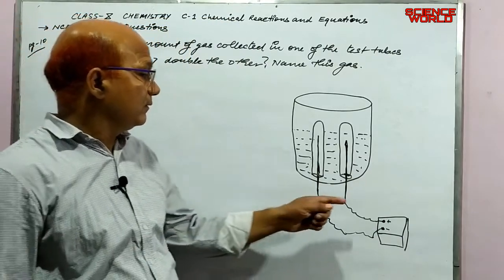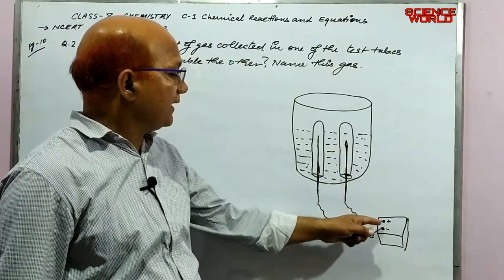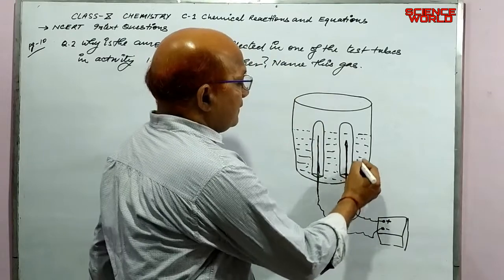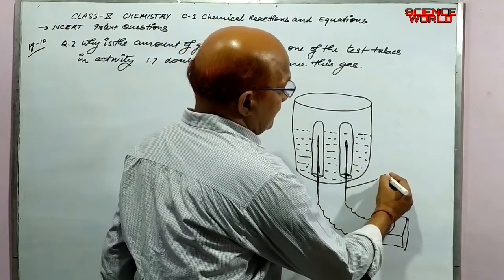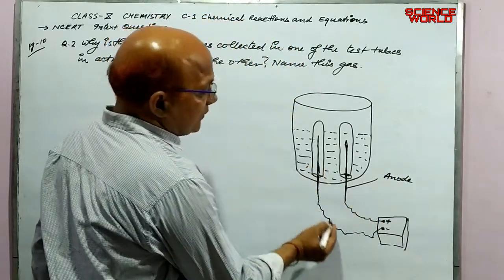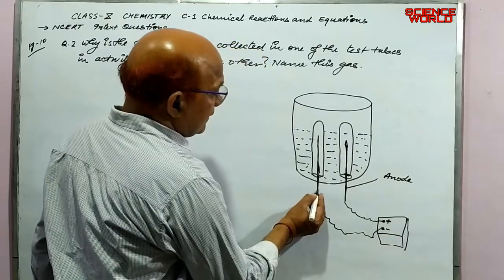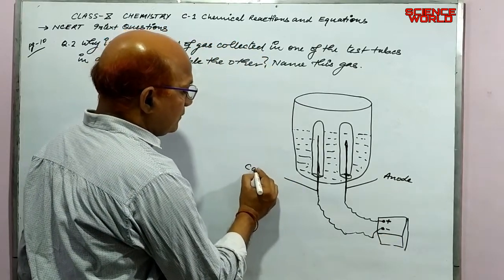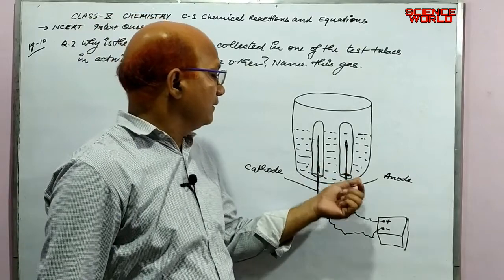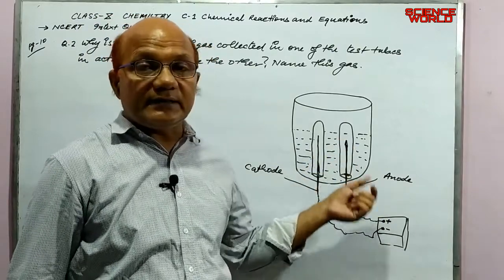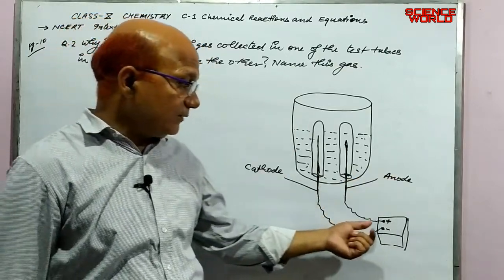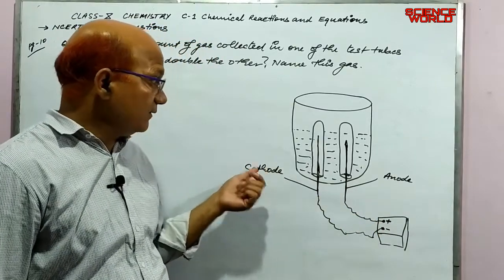As you know, the electrode which is connected with the positive terminal of the battery is the anode, and the electrode which is connected to the negative terminal is called the cathode. You have to remember this: the electrode connected to the positive terminal is the anode, and the electrode connected to the negative terminal of the battery is the cathode.